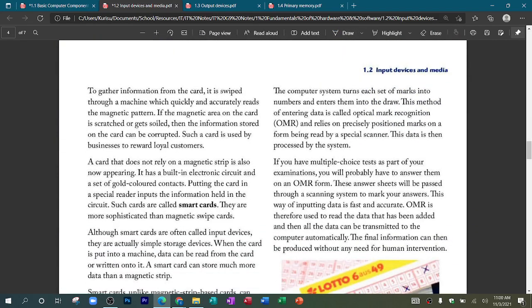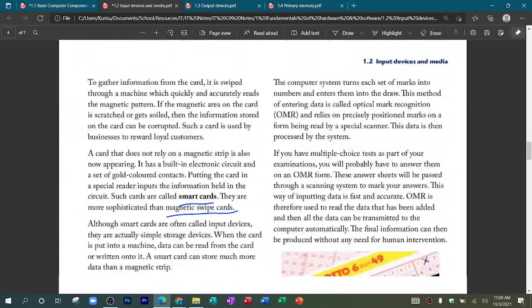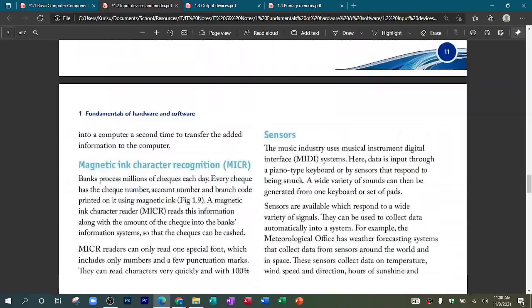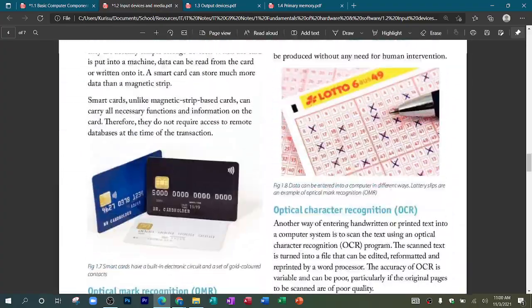And remember, there is the smart card, and then there is the magnetic swipe card. Two different cards. The magnetic swipe card has a black bar on it.